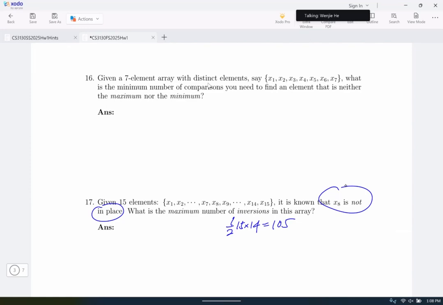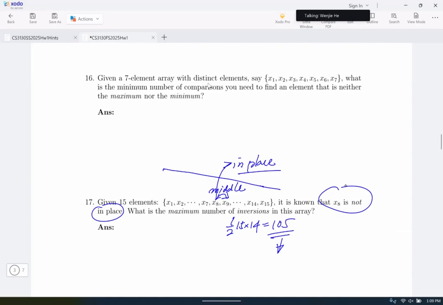But in this case, because the array is in descending order, XA is in the middle, right? In descending order, it is in place, which does not satisfy the requirement. So you need to move it out of place. You can swap 2 adjacent elements.